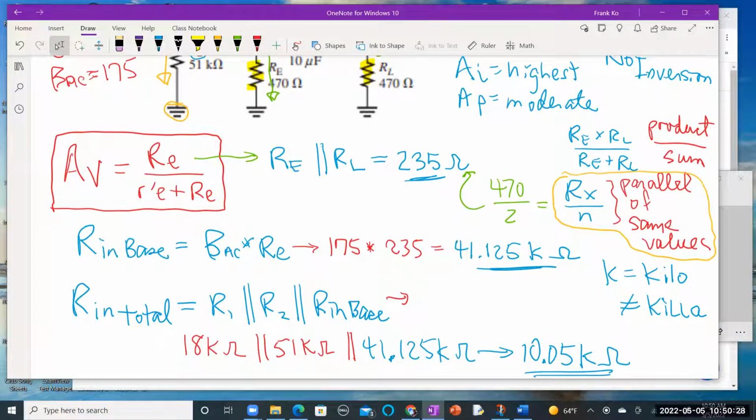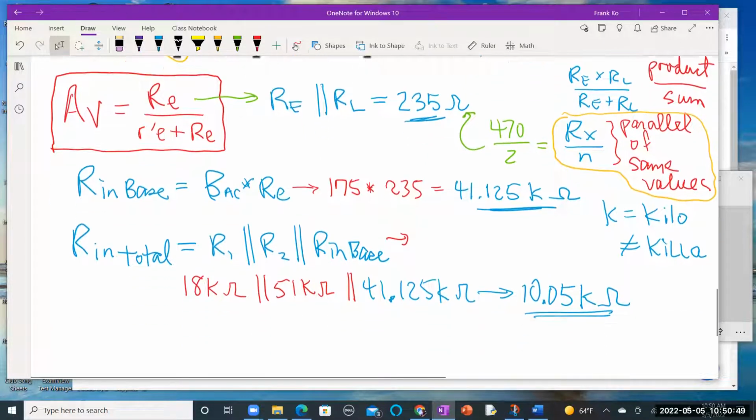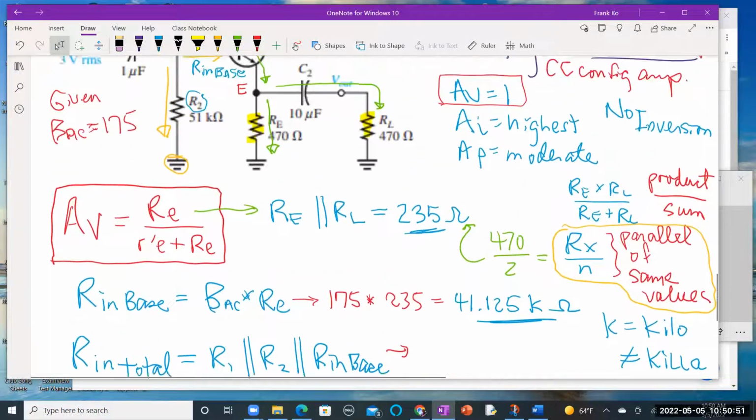Can we determine what type of signal we would have at the collector? No, let's see, at the emitter. What type of signal do you actually see at the emitter? And we can do that very, very quickly.